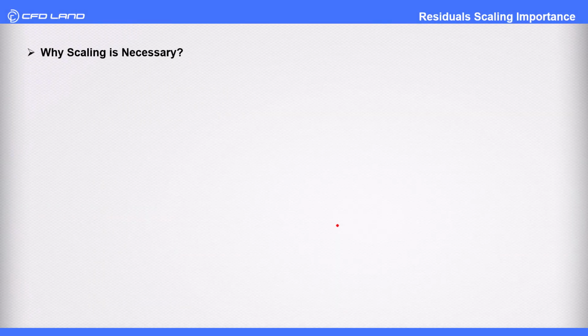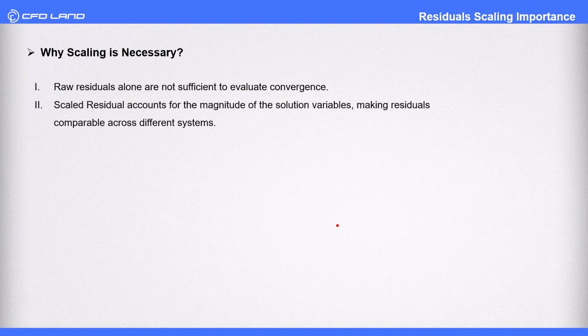Now, why is scaling necessary? First, it can give us the scale we are looking for to judge whether our solution is converged or not. Our values are comparable when they are scaled.